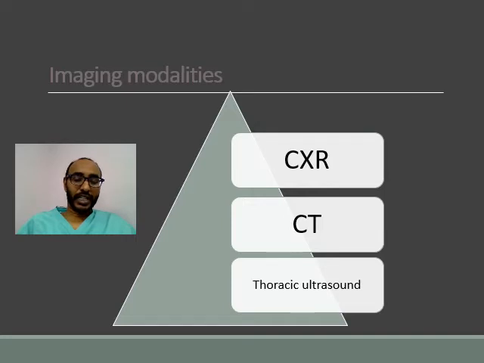Thoracic ultrasound can also be used but it has very limited use, mostly in research or in critically ill patients who cannot be safely mobilized to the radiology department for a CT scan. So you can try a bedside thoracic ultrasound to see if it can help identify any abnormalities.